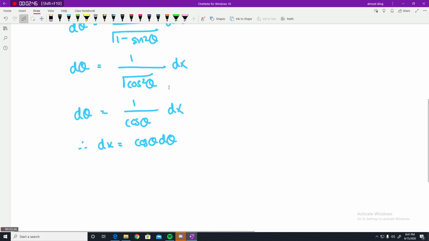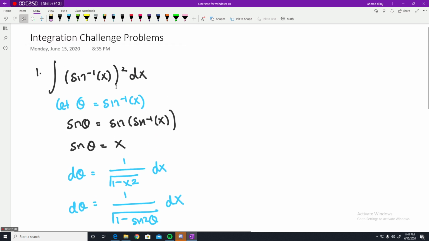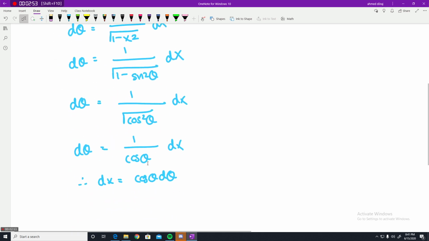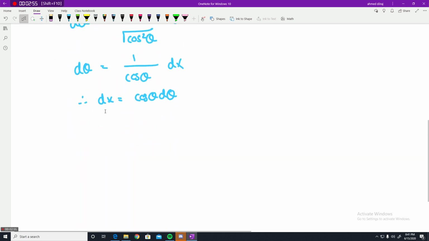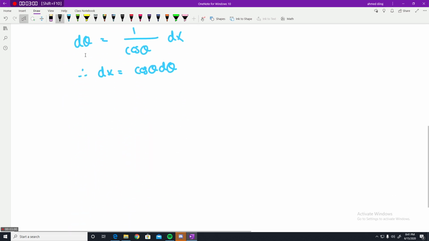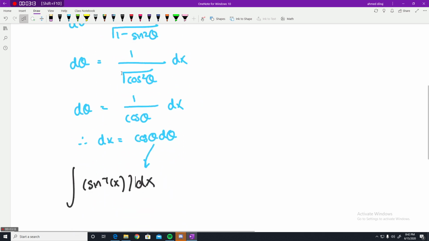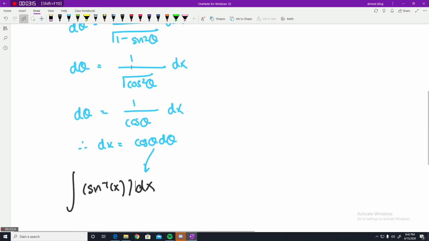So now we have an expression for sine inverse of x, which is theta, and we also have an expression for dx. So now we can actually solve this problem. When we have the function sine inverse of x, whole squared, dx, we change dx for cos theta d theta, and we change sine inverse of x, there's a squared here, sorry, for theta.